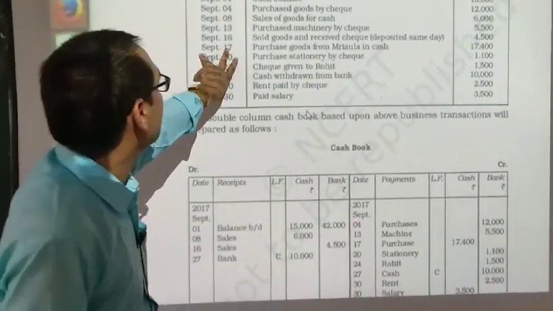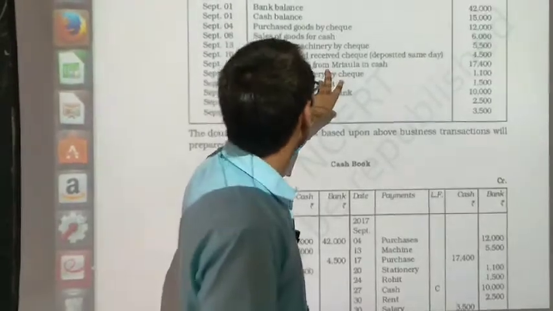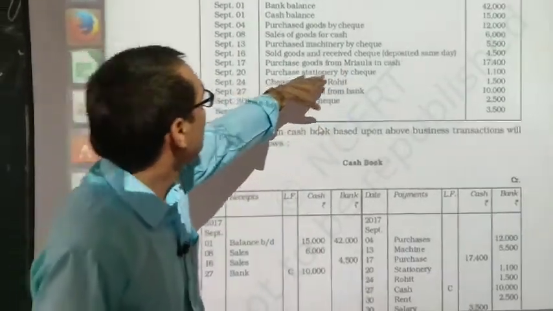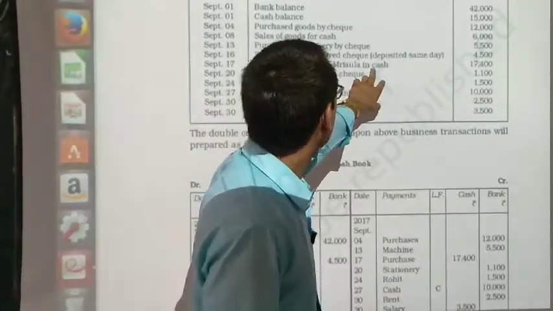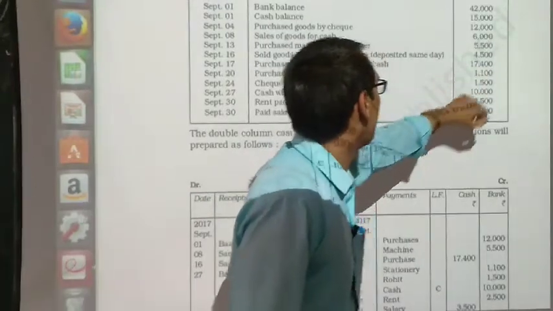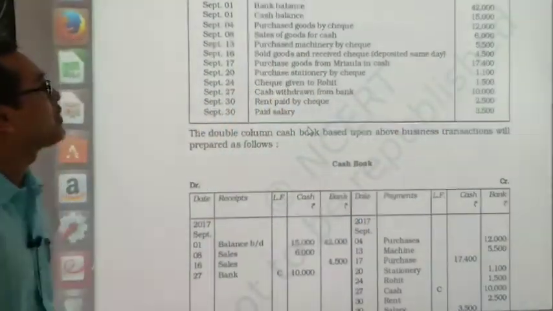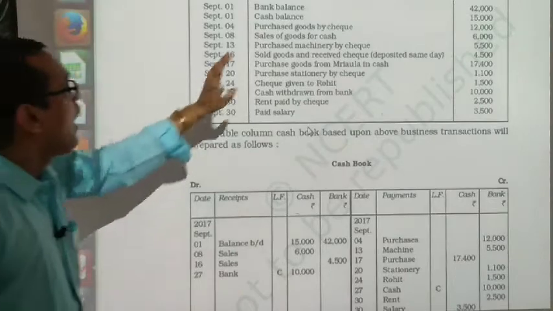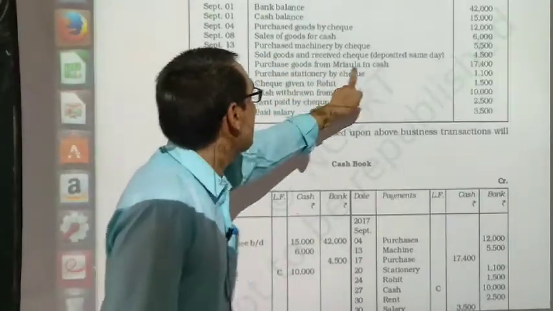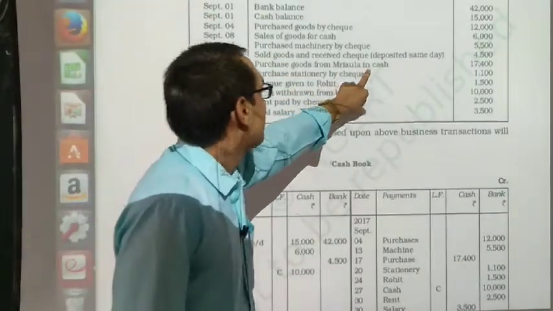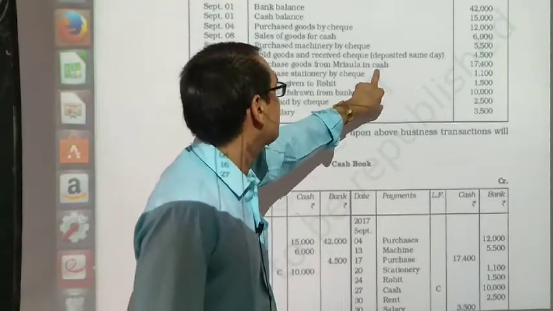On September 16, purchase goods from Marula in cash 17,400. This is a cash transaction. The name is mentioned, but cash is also mentioned in the transaction.